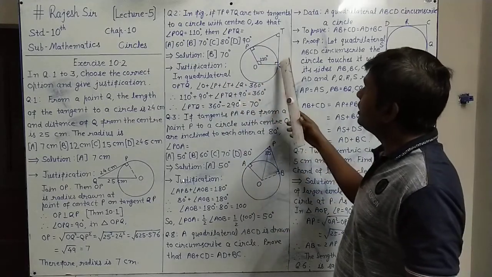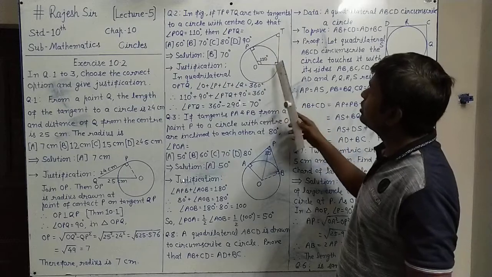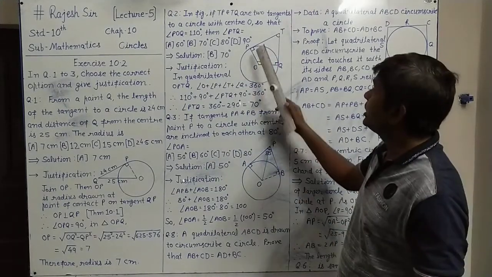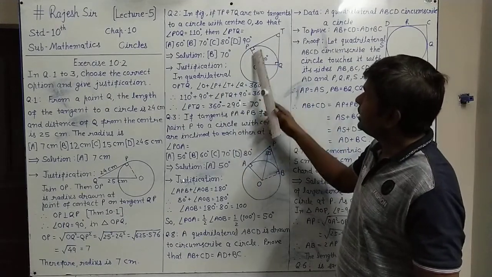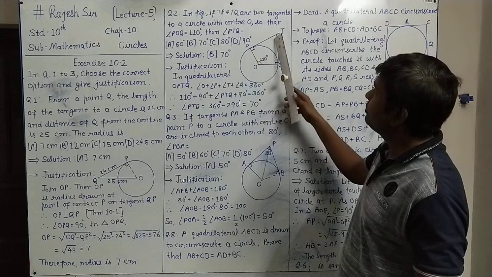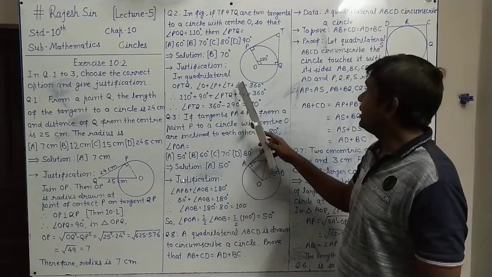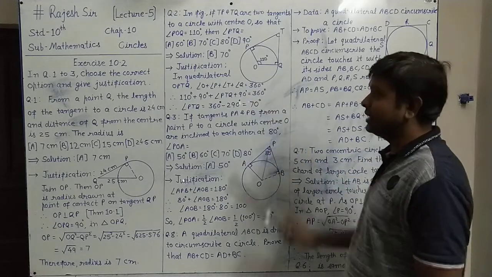Angle P and angle Q are both radius on the tangent at the point of contact, so they are perpendicular and make 90 degrees. So 110 plus 90 plus angle PTQ plus 90 equals 360.